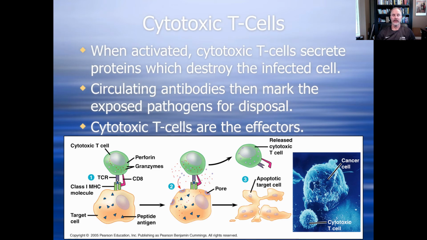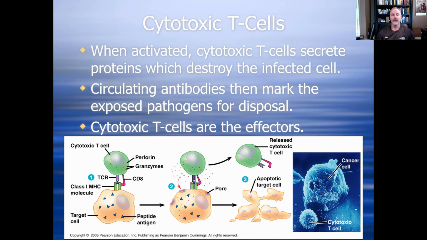And what that does is those molecules bind with the foreign types of proteins that might have gotten into your cell through a virus, or that are arising as a result of a mutation that's producing them. And they bind to the class I MHC molecules, and they're presented on the surface.